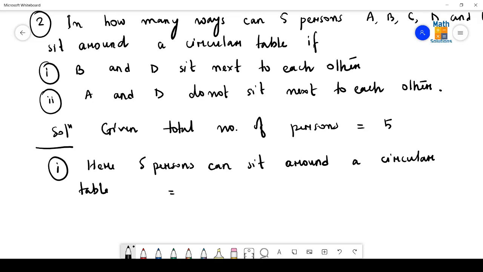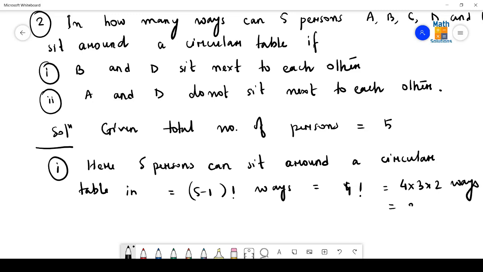We have to follow this formula, n minus 1 factorial. That means here it will be 5 minus 1 factorial ways, which is 4 factorial. So 4 into 3 into 2, that will be equal to 24 ways.